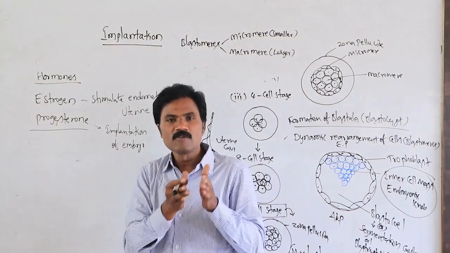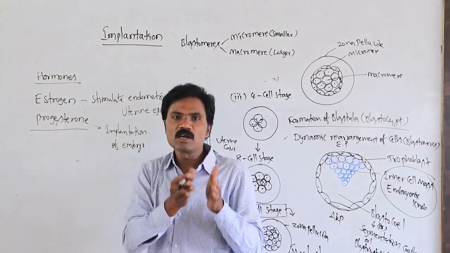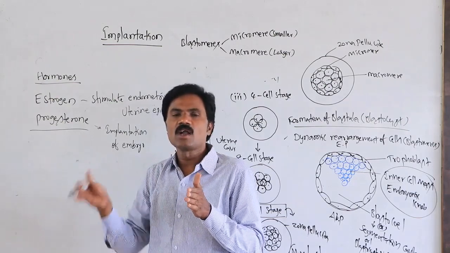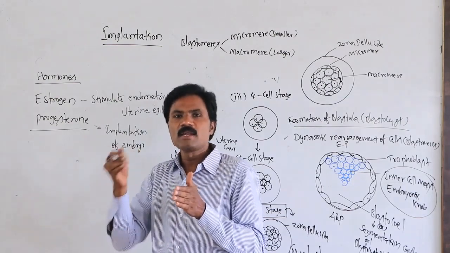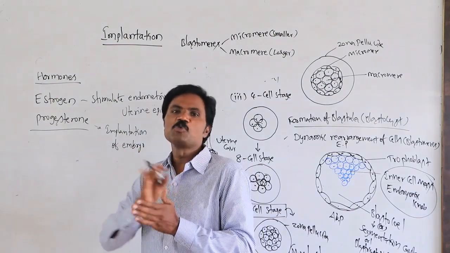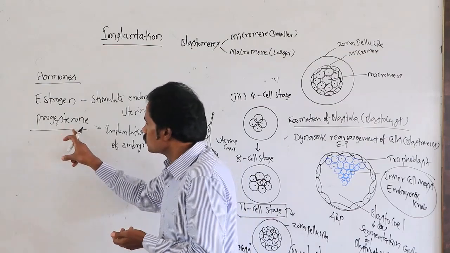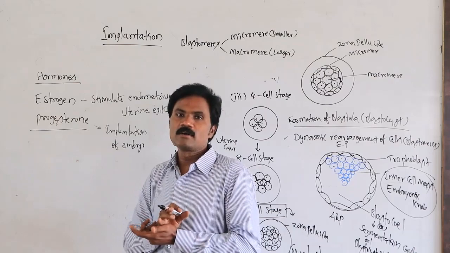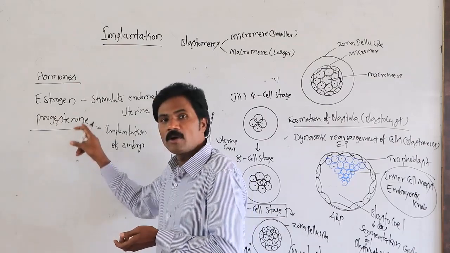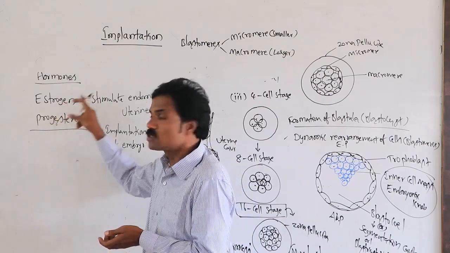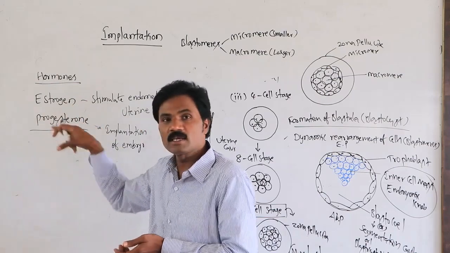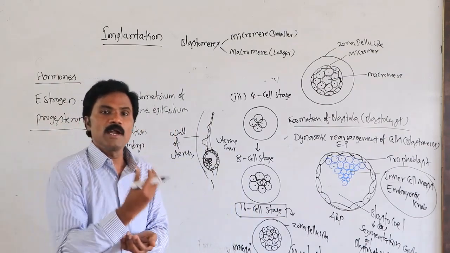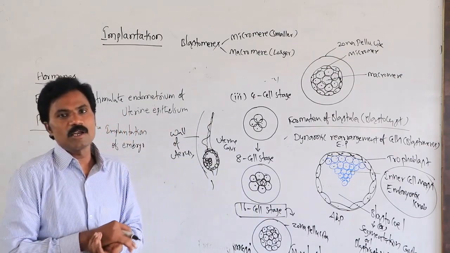Then if it is not attached, it degenerates along with some amount of blood, which again may lead to menstruation. If it is strong and present in a proper manner, it attaches firmly. So the progesterone hormone acts as the vital one. Estrogen also, but progesterone is vital for implantation of the embryo.